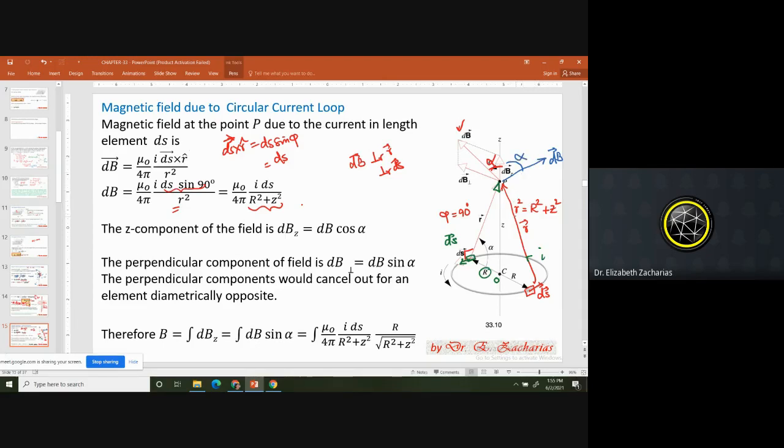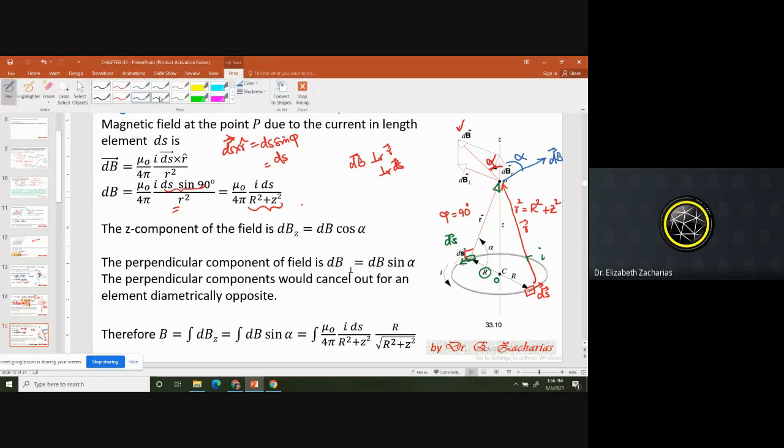Or in other words, because of two elements which are diametrically opposite to each other, I'm going to get two dB vectors with the same magnitude, each making an angle alpha with the z-axis. Now let us try to add these two.